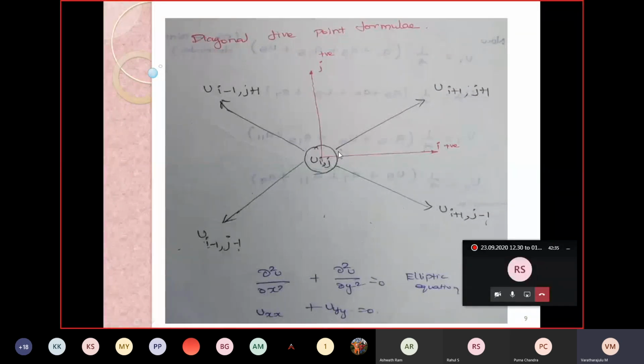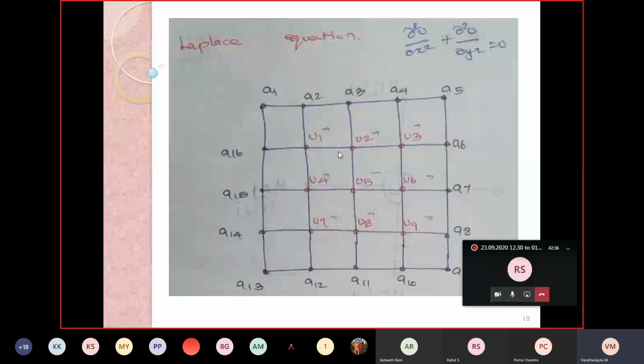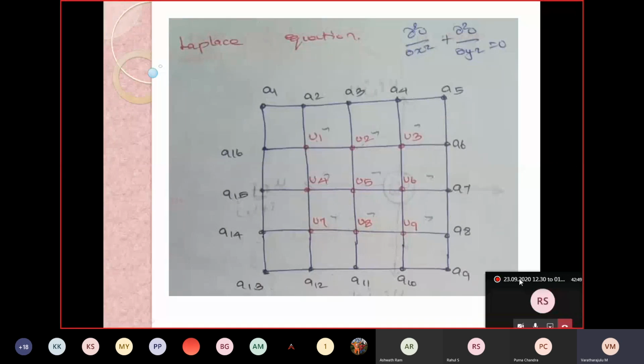And now this is the Laplace equation, that is dou square u by dou x square plus dou square u by dou y square is equal to 0, and we assume that we are aware of the various boundaries. Assume this is the plate.